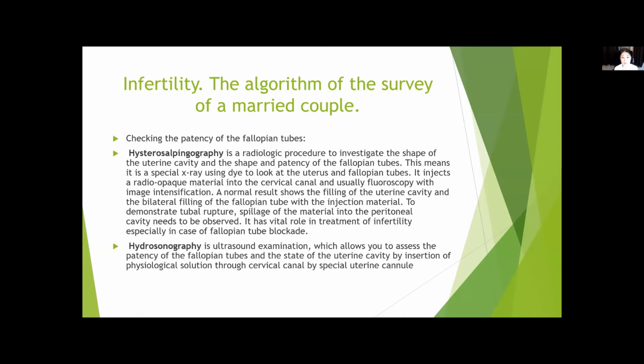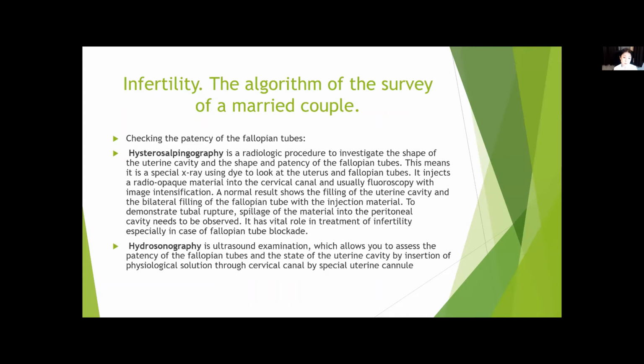A normal result shows filling of the uterine cavity and bilateral filling of the fallopian tubes with the injection material. To demonstrate tubal patency, spillage of the material into the peritoneal cavity needs to be observed. It has a vital role in treatment of infertility, especially in case of fallopian tube blockade.